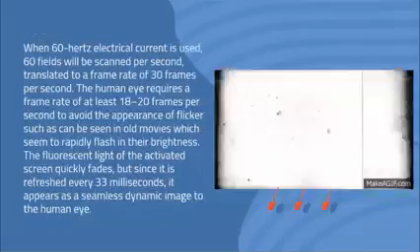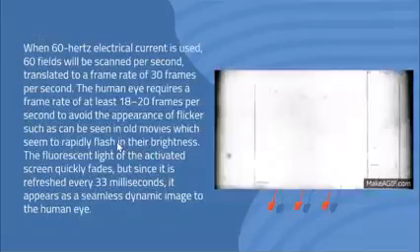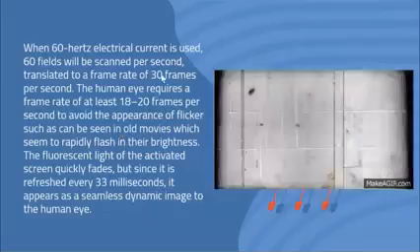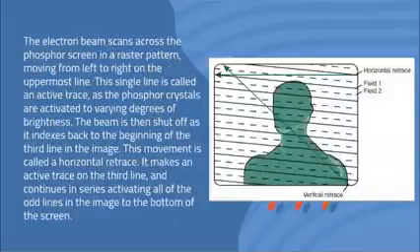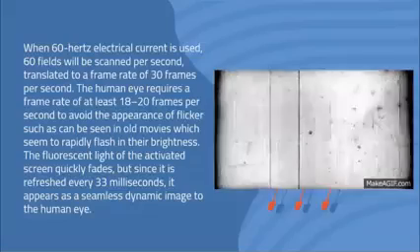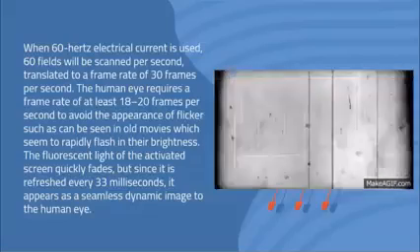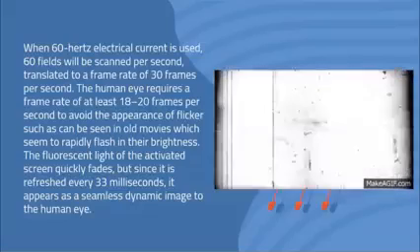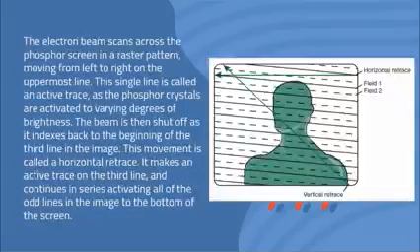Okay, when 60 Hz electrical current is used, 60 fields will be scanned per second. So that means, if it is 60 Hz, there are 60 lines there. So 1, 2, 3 until it reaches the 60 Hz or 60 lines. Translated to a frame rate of 30 frames per second, since one frame is produced by two interlaced fields.